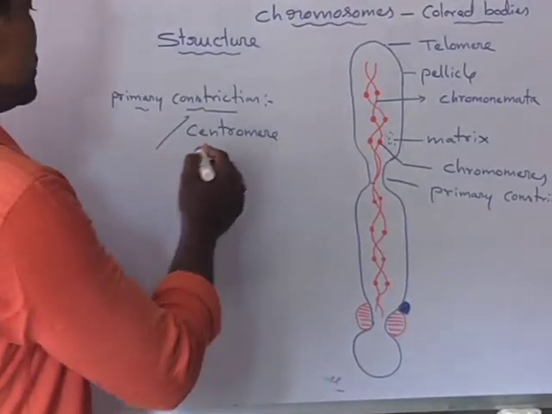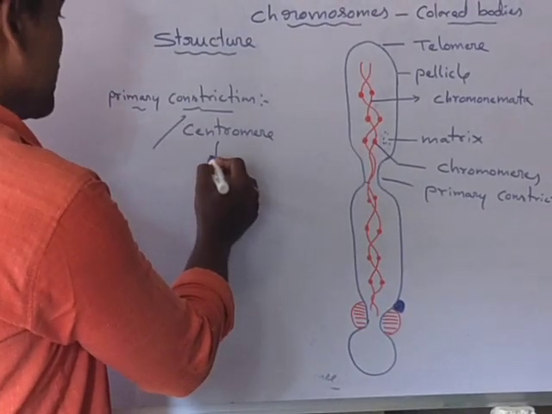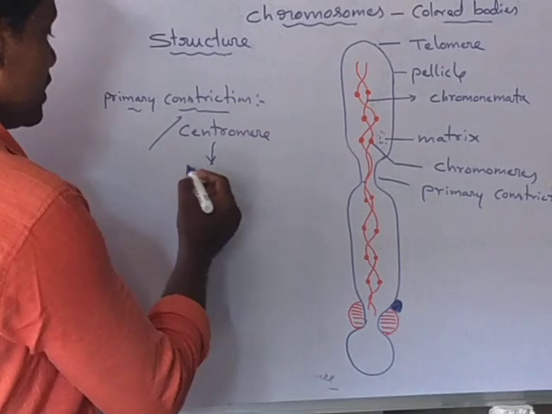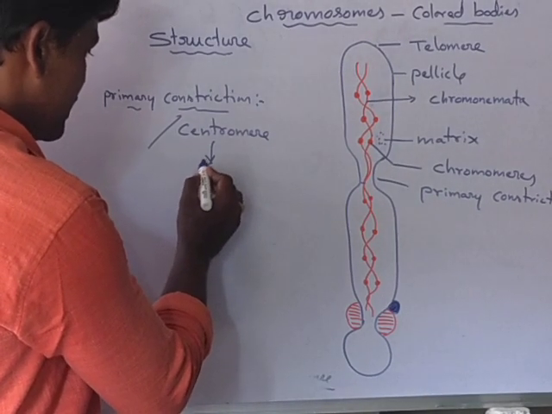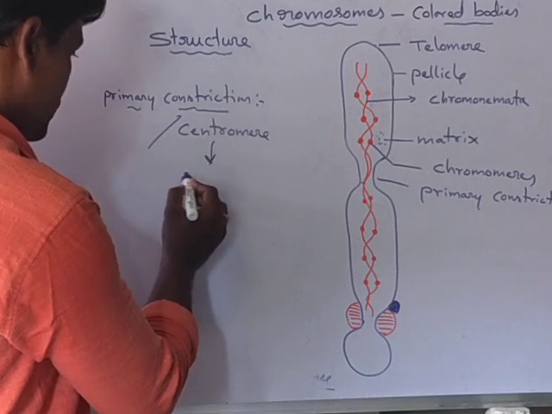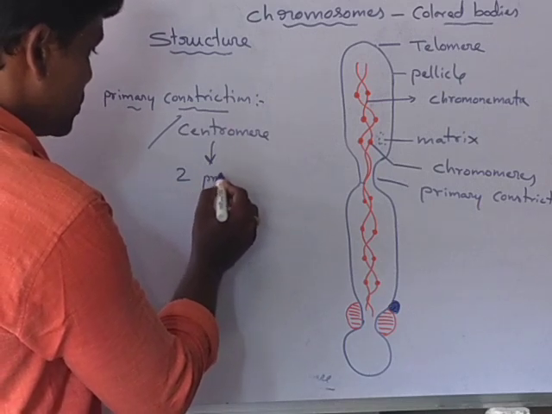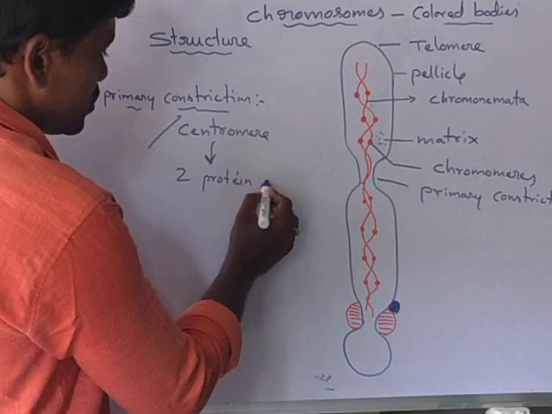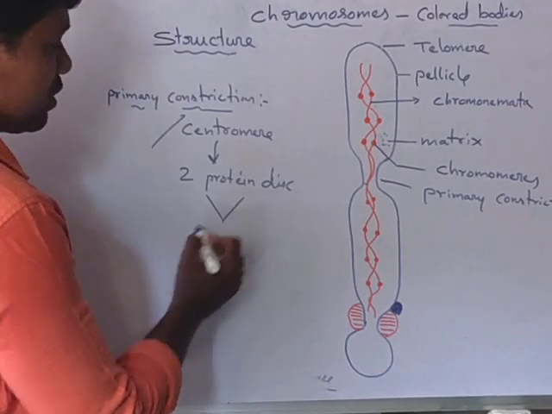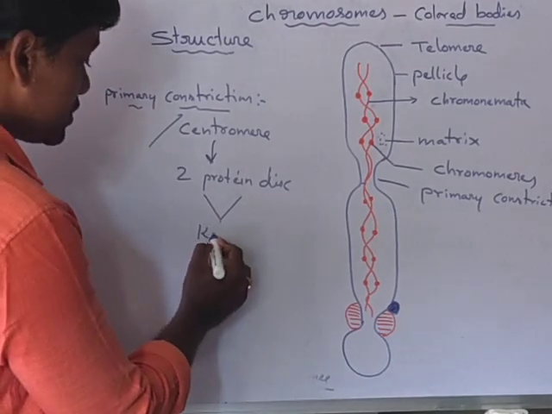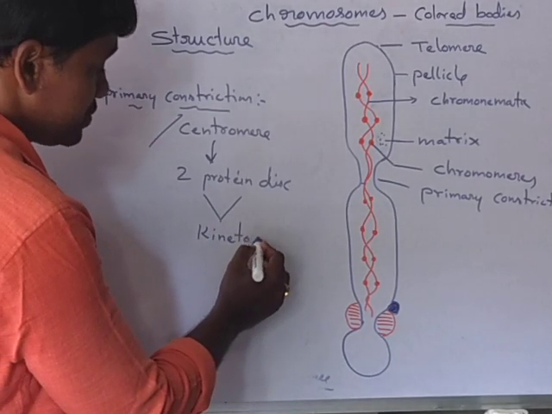Generally the centromere or primary constriction contains two protein discs. These are called the kinetochore.